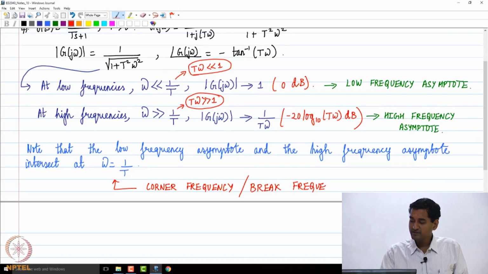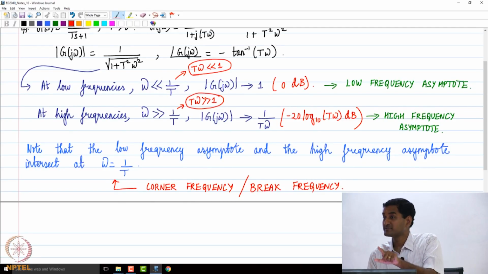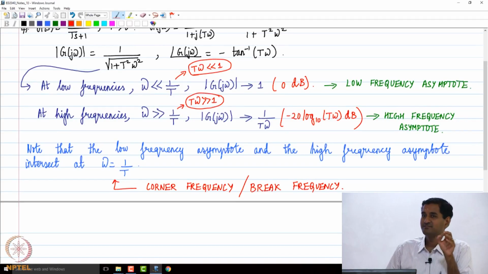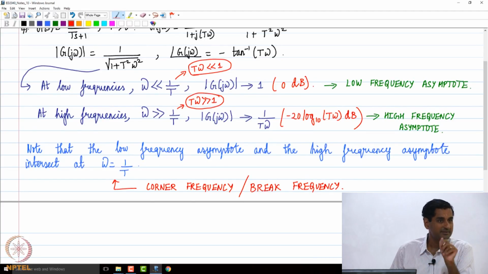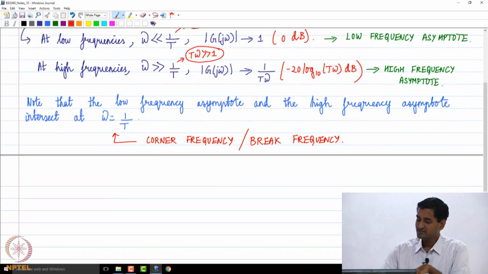One thing you should be careful about when you do practical problems is that all this frequency omega should be in radians per second, okay. That is a very common place where people make a mistake, because typically we talk about frequency in hertz, but when you talk about omega it is going to be 2 pi f, right. So you need to convert the frequency given in hertz into radians per second, please remember that, when you do practical problems. So this is what is called a corner frequency or a break frequency, okay, is it clear?